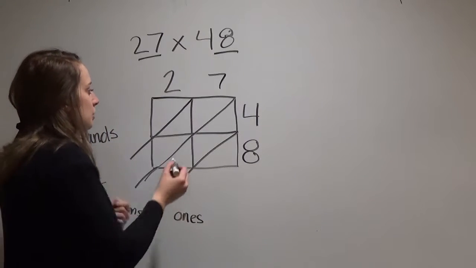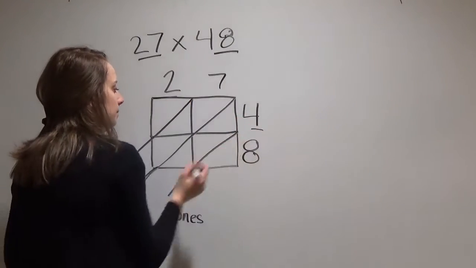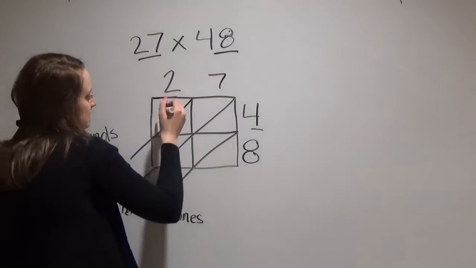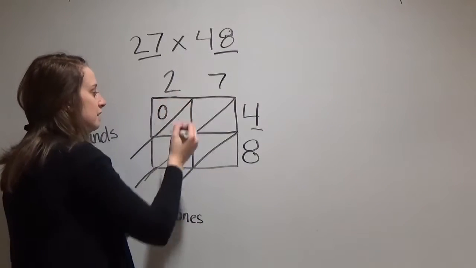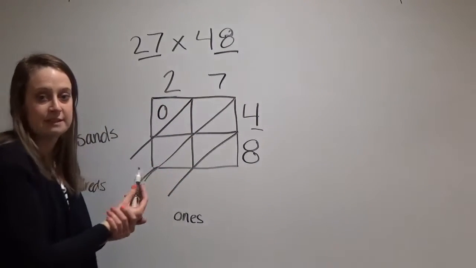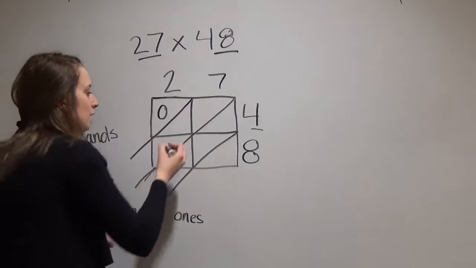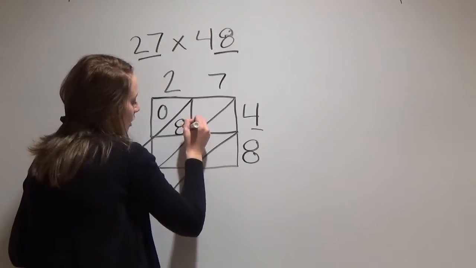So first we have to do 2 times 4, which is 8. So our 0 goes above our diagonal line because we have 0 tens, and our 8 goes below because that's our ones.